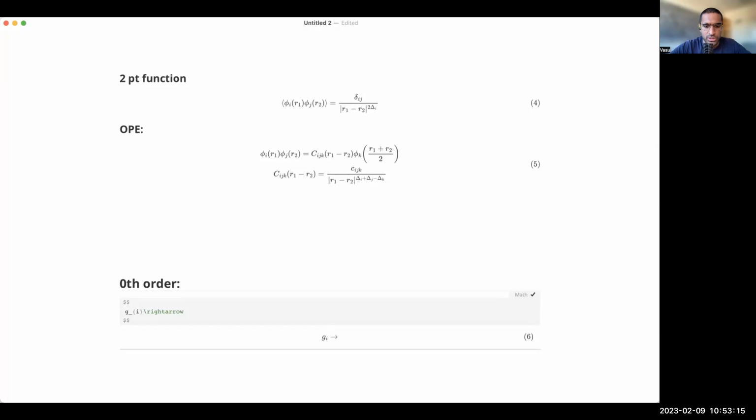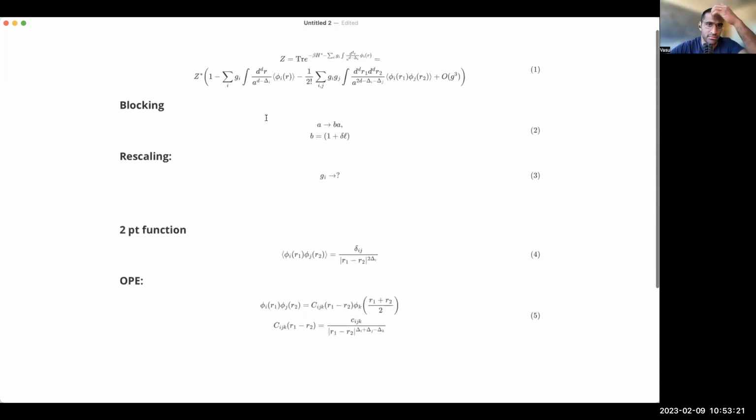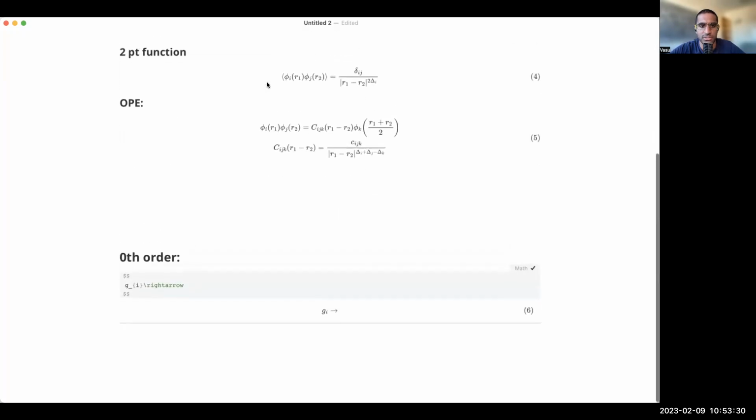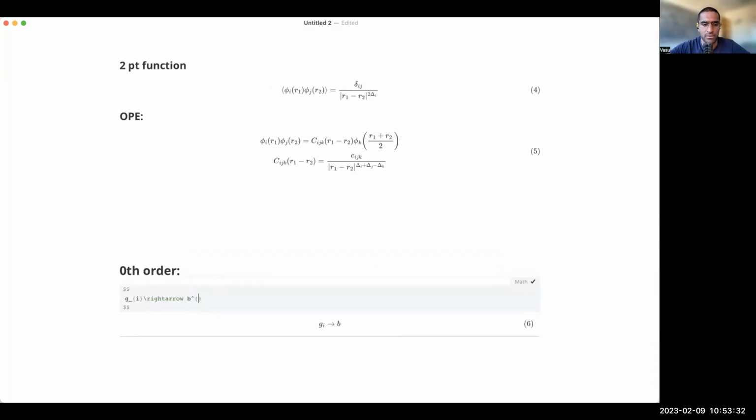And this is an almost trivial one. So what we're going to have here is that G is rescaled by an amount that's counter to what A gets rescaled by. So A gets rescaled to BA. So we're going to have B to the power D minus delta I in the denominator. So we want B to the power D minus delta I in the numerator.